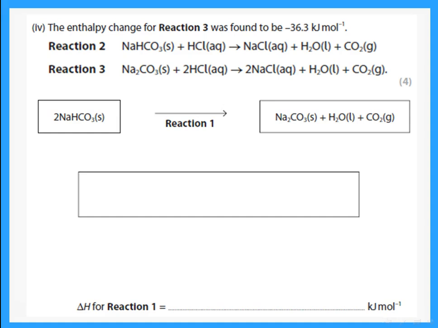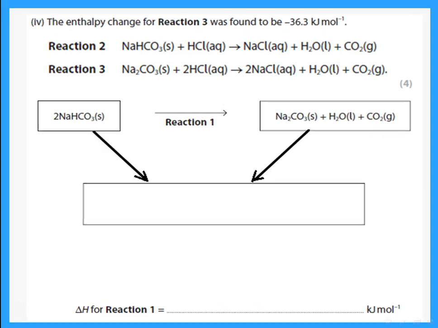And that means that if I take each of these reactions to give these products, then I have 2 pathways for my reaction. So either I'm starting from sodium hydrogen carbonate, going through reaction 1, and then going to the sodium carbonate plus HCl, or I go directly from the sodium hydrogen carbonate to give the products.